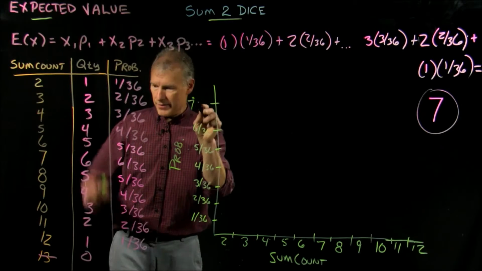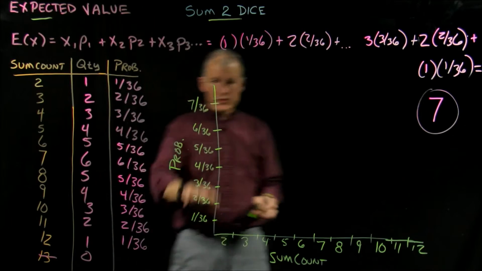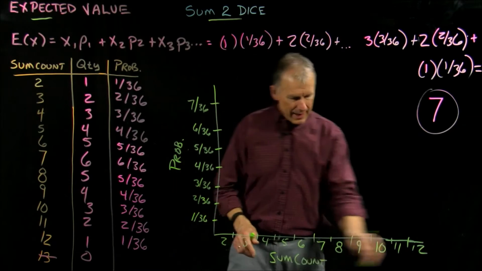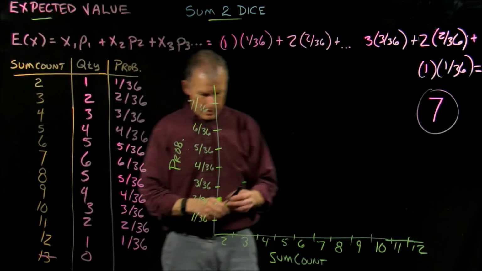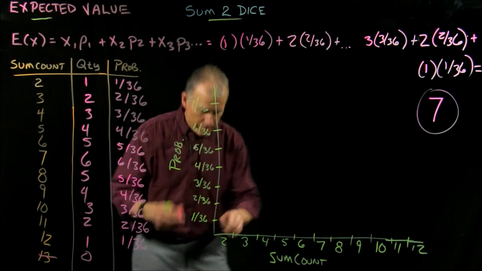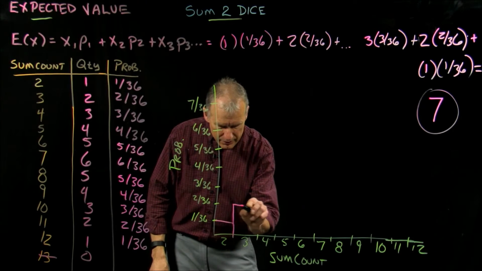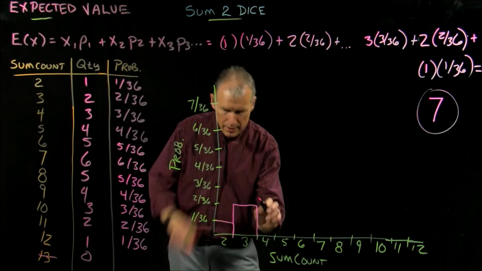And again, we stop right there. So there's our table. These are probabilities, and this is the sum count, which is over here. Now we're going to make what looks just like a bar chart. Our first one would be right here. Next one, right there.